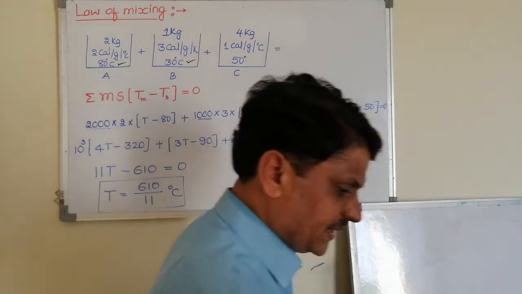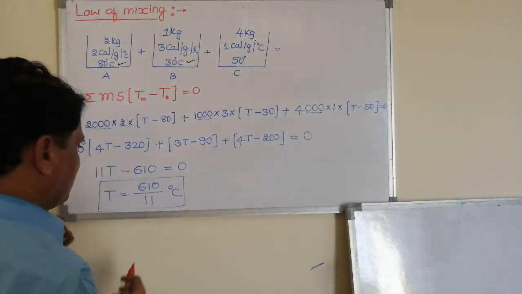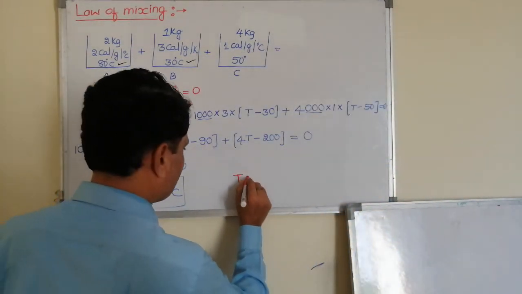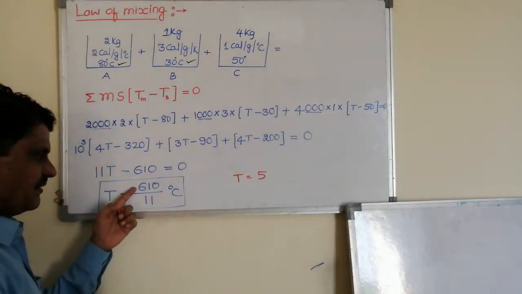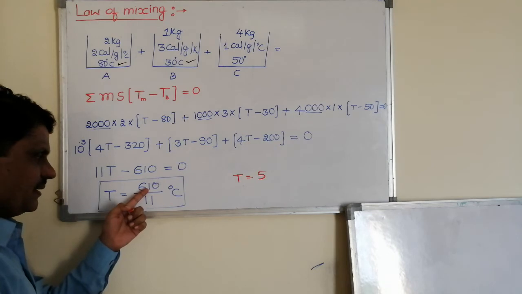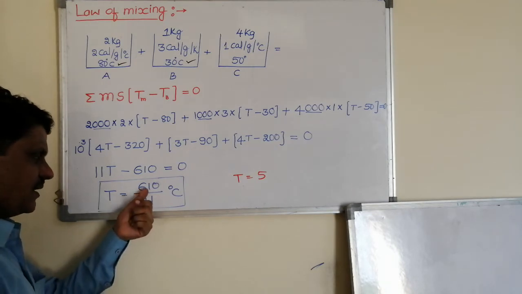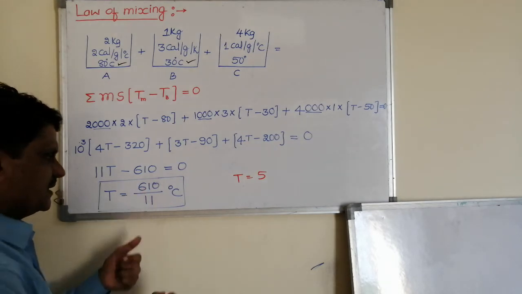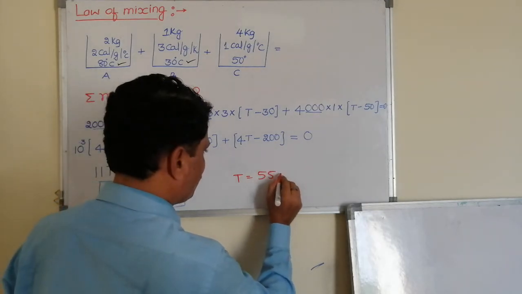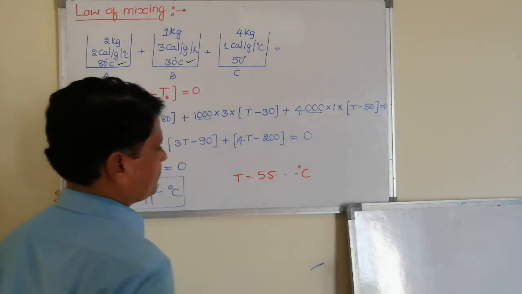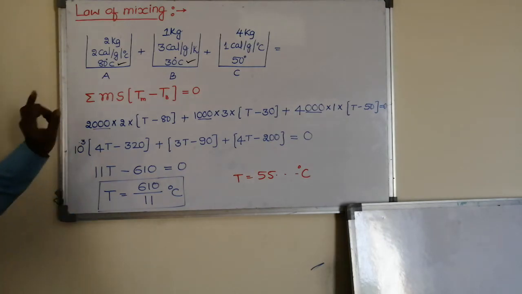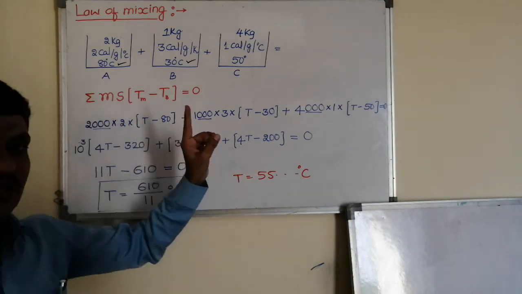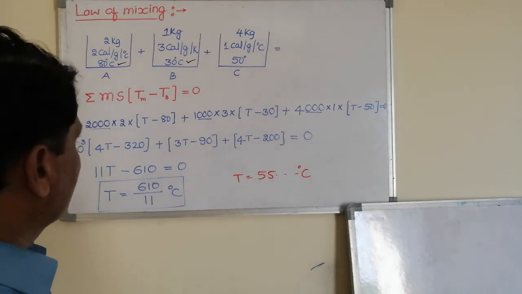So if I want to write separately, 11 5s are 55. 55 means next we have 6, so it is 55 point something degree Celsius, which means the final temperature is 55 degree Celsius.